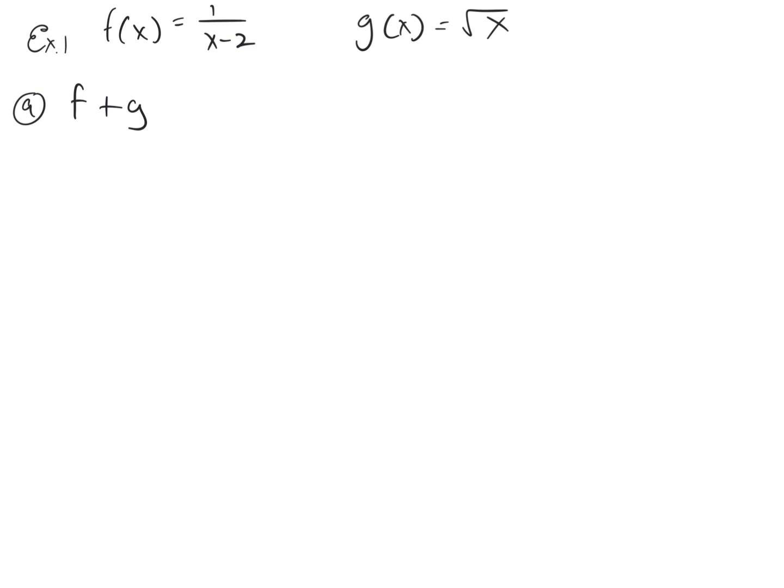Here you would just do exactly what it's telling you, which is to add it. So we're going to do 1 over x minus 2 plus root x. There's nothing we can do to it unless you want to combine them. That means you have to multiply x minus 2 by the root x and then put it over that. But we're good to leave it like this, because there's nothing we can actually do to simplify this.